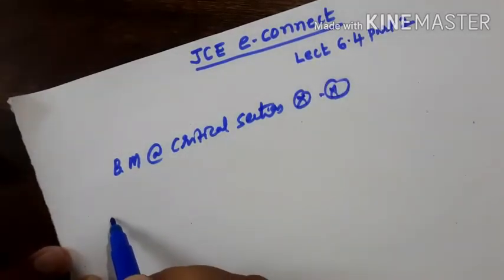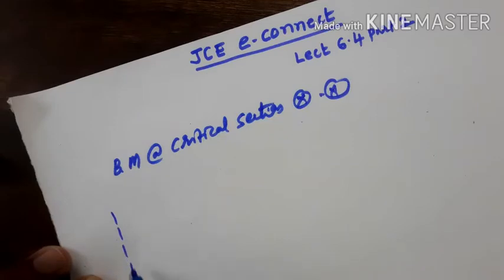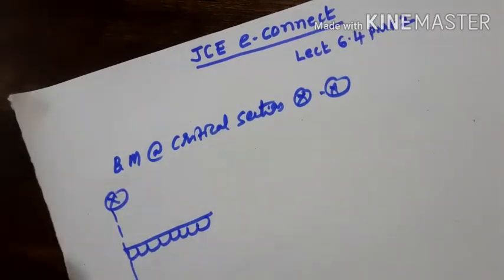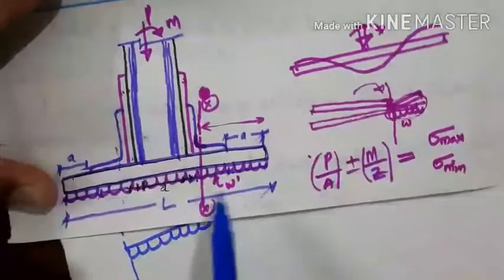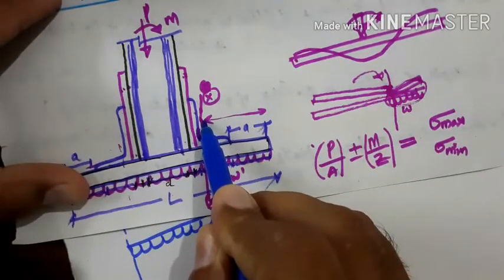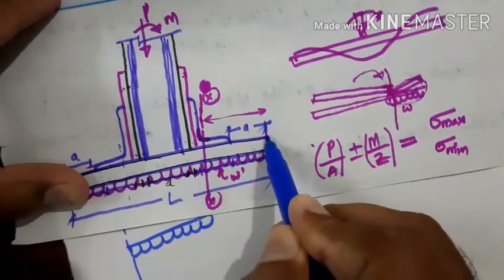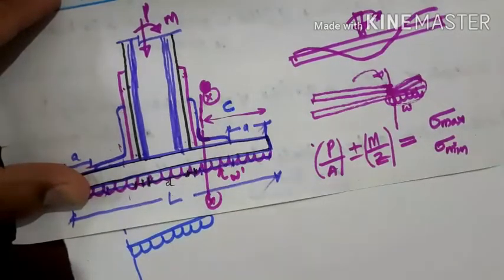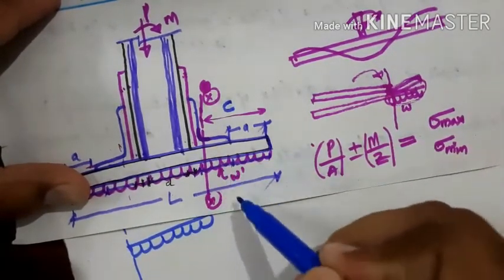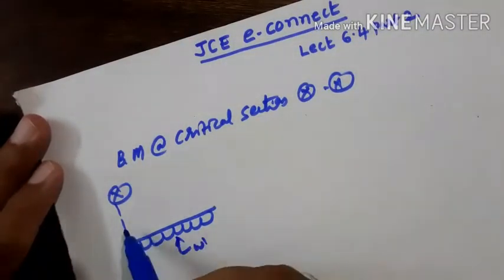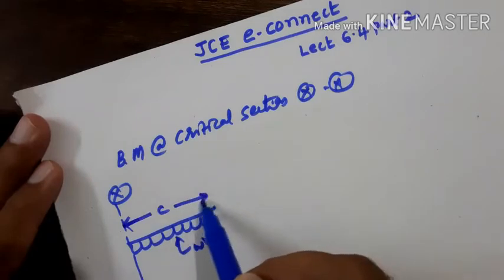If I consider that critical section, it will be like this. Let us take this distance from the critical section till the end of the base plate as C, and the pressure underneath the column acting as w dash. This is the pressure w dash actually acting, and this distance is C.